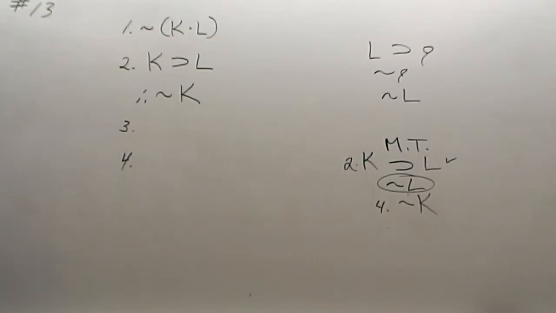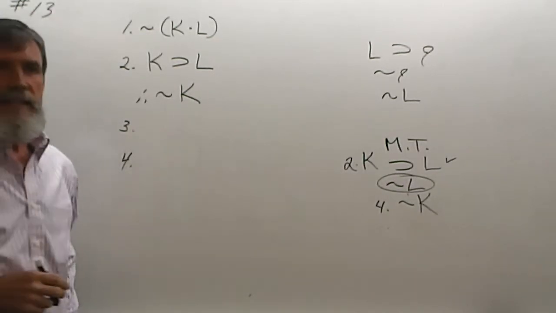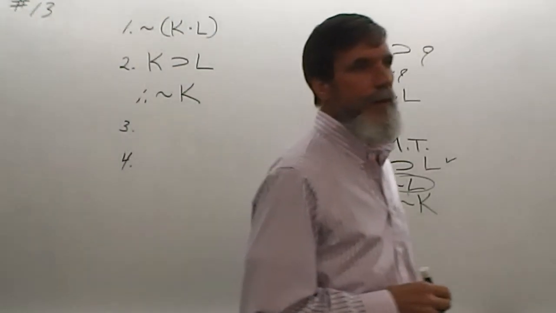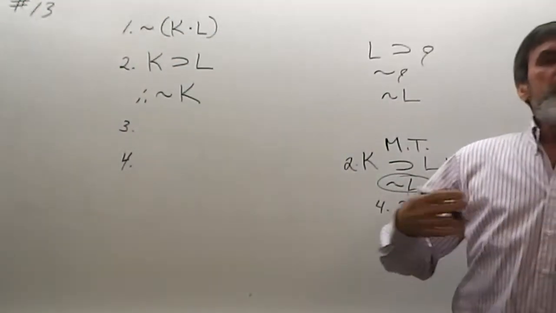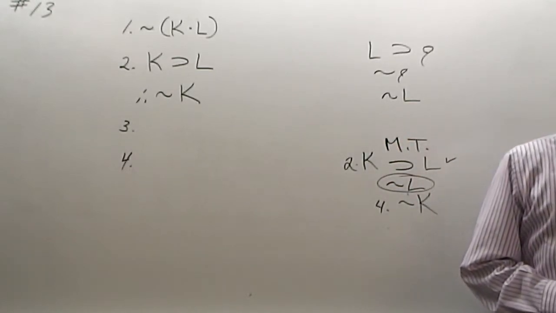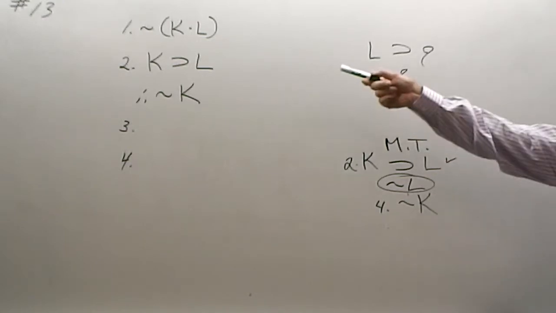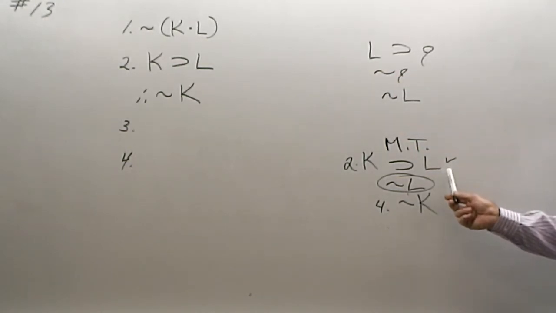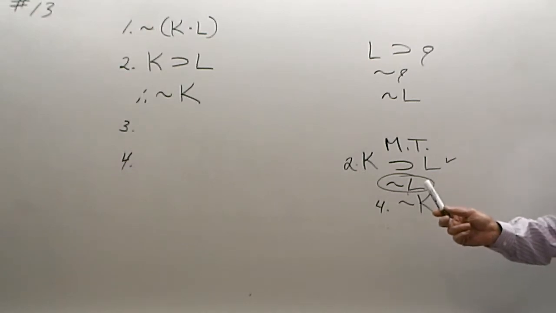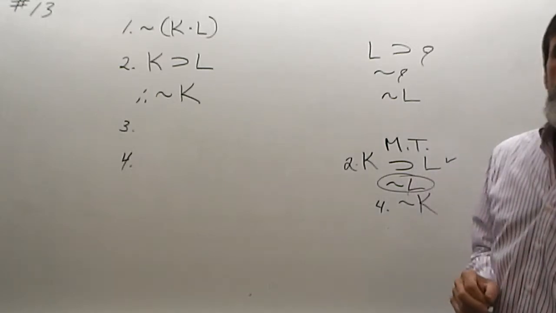But see, we don't even have a horseshoe whose antecedent is L, right? So even if that could be obtained, it would have to be more than 2 steps. So what do we know about this assumption of using line 2 as our first premise of modus tollens? Yes or no? No. No, it cannot possibly happen, at least not in a 2-step proof.